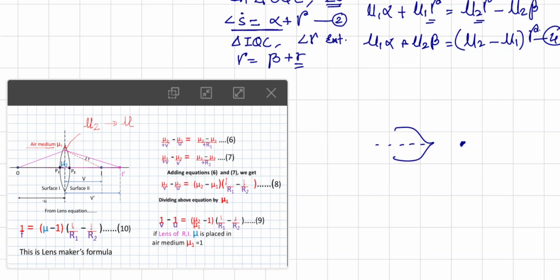Suppose this is the optical axis, and somewhere here the eye lens is there, but due to problems the ray may be focused here or somewhere else, so no clear vision is there. So now using this we have to find out the position of the lens.